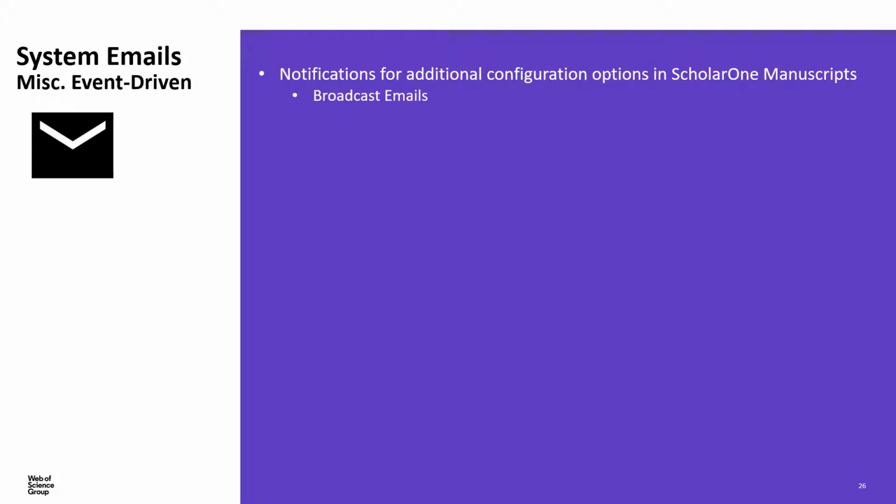System emails, miscellaneous event-driven emails, are notifications for additional configuration options in ScholarOne manuscripts. These are broadcast emails, export information, transfers, plagiarism checking, and conversation tool.